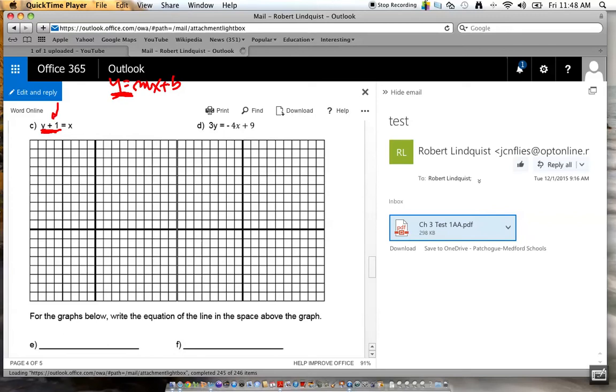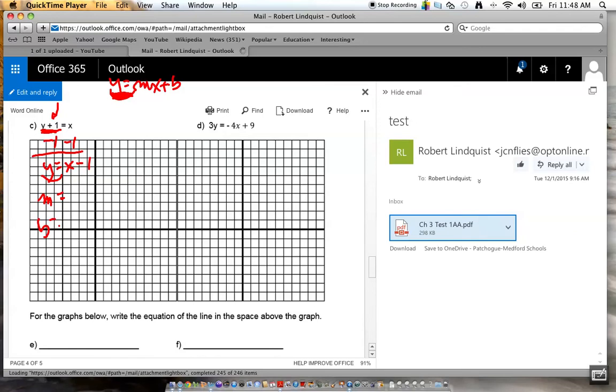But you can't do that because the 1 is not in the right place. It's supposed to say y equals. It says y plus 1 equals. So my first step is to subtract 1 from both sides. Now I get y equals x minus 1. Now, and only now, because it says y equals, can I do my slope and my y-intercept.